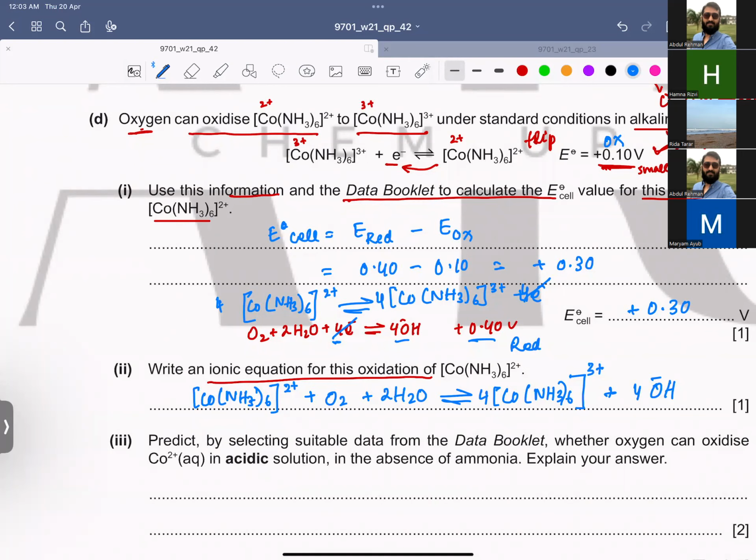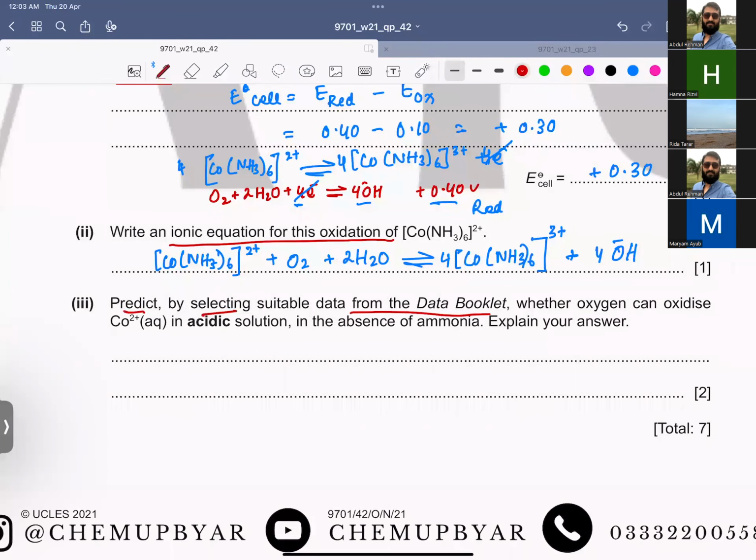Now predict by selecting the suitable solution in the absence of ammonia. Explain your answer.